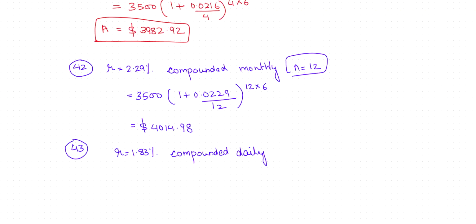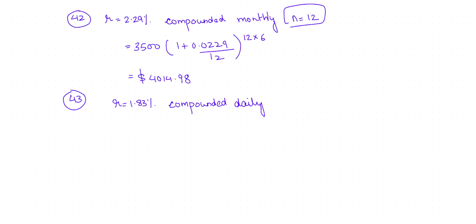In the last one which we saw, we got 4014.98. Now in this case, it is compounded daily. Daily means, considering there are 365 days, n is 365. So let's find A, where the principal was 3500. The interest rate has changed now.